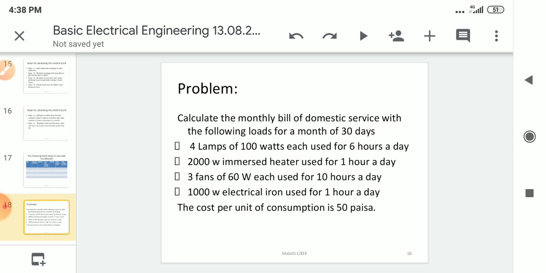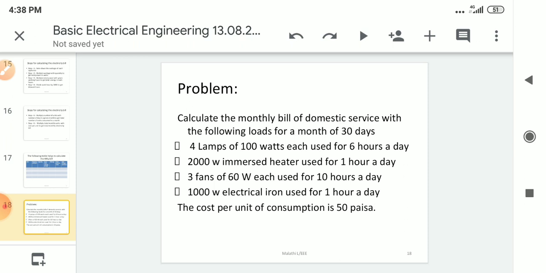Let's look at this problem. Calculate the monthly bill of domestic services with the following loads for a month of 30 days. 4 lamps of 100 watts, each used for 6 hours a day.